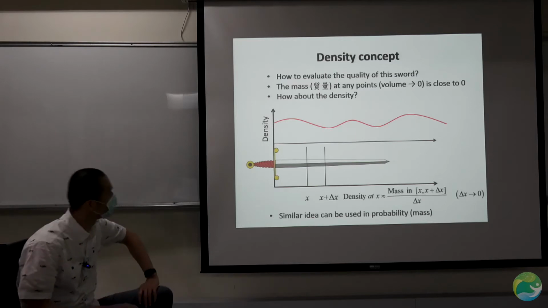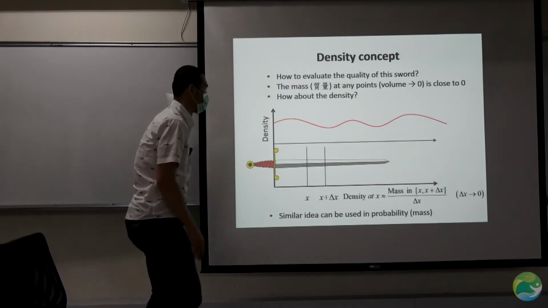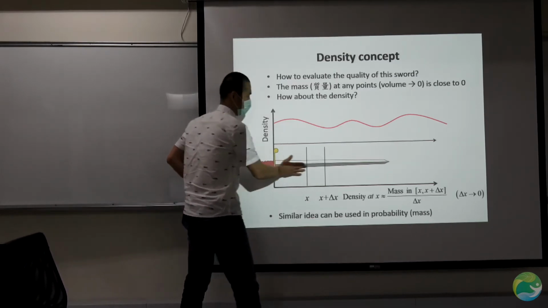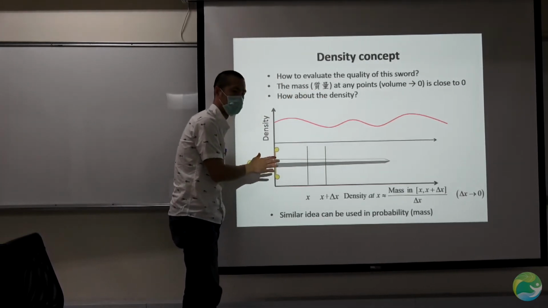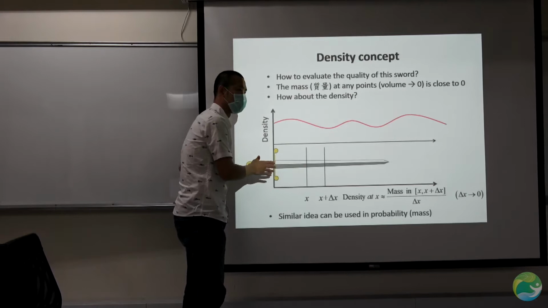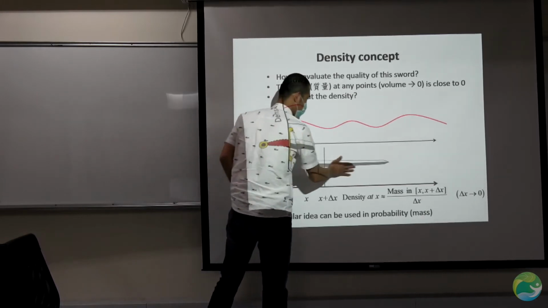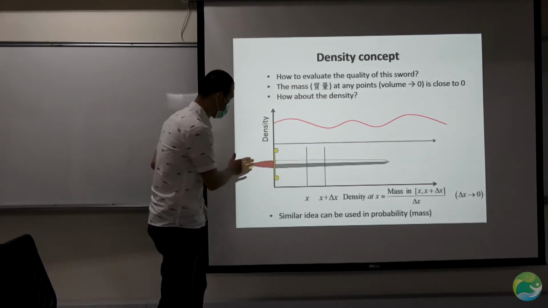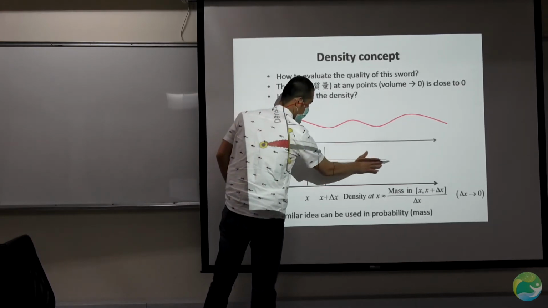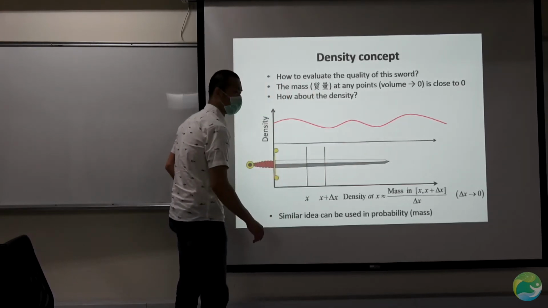In this case, this is a sword, okay? This is a sword made of metal, very heavy, okay? Very heavy. I want to know whether this sword is of good quality or not. Is it of good quality or not?